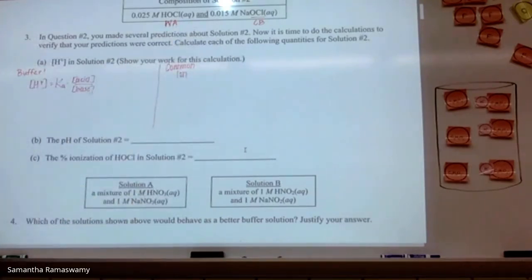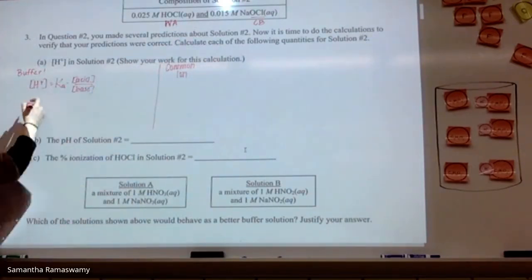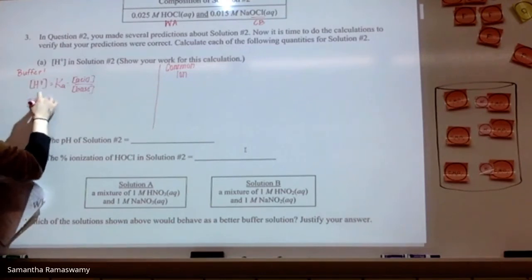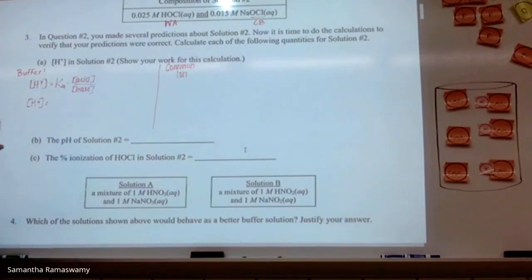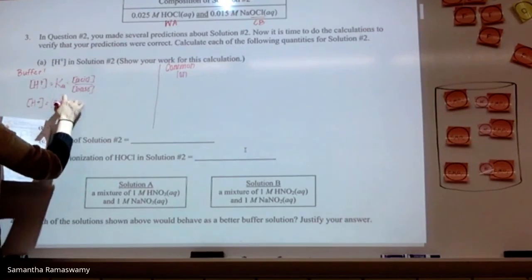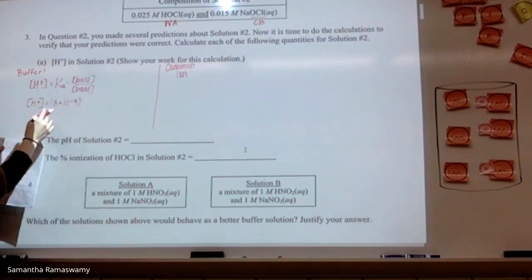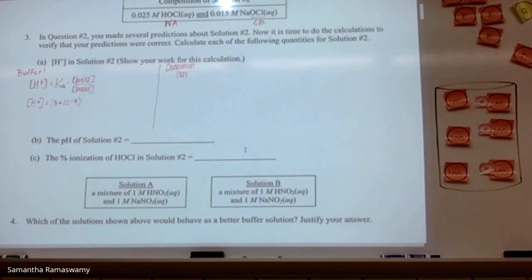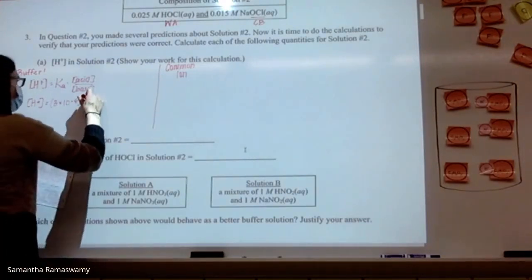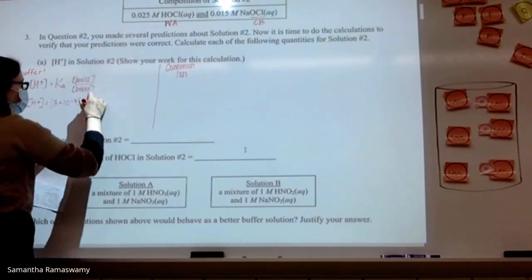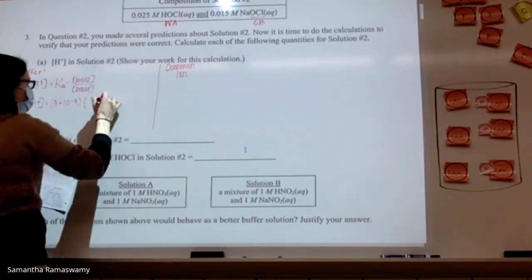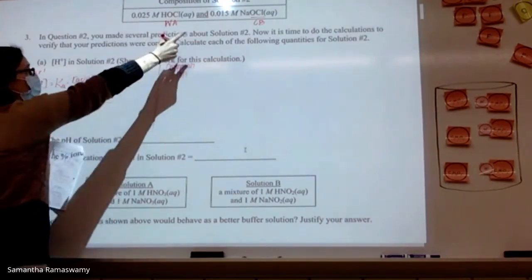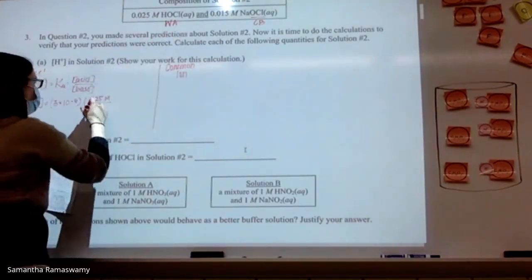Ka was actually given to us on the front page: 3 times 10 to the negative 8. And then acid over base. The acidic part of the buffer is HOCl. That has a concentration of 0.025. The basic part is the OCl- ion. That's 0.015. You can put it in your calculator and solve.